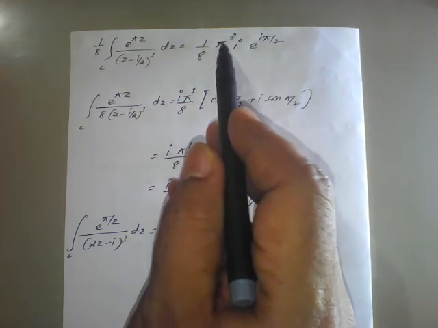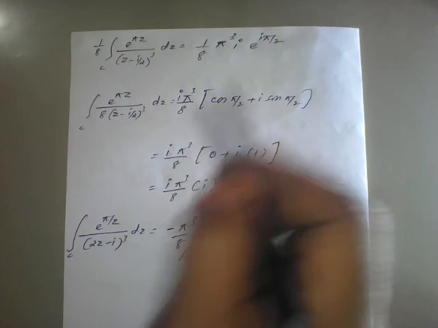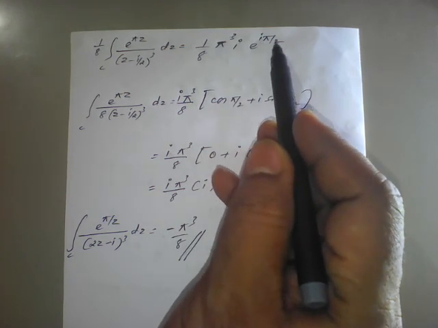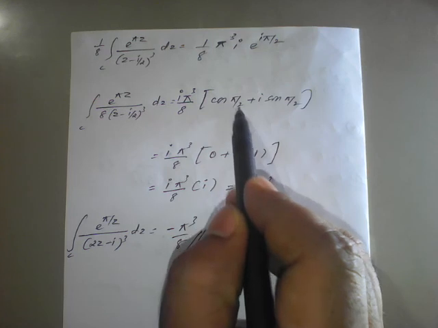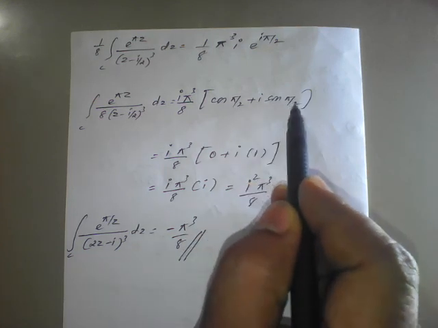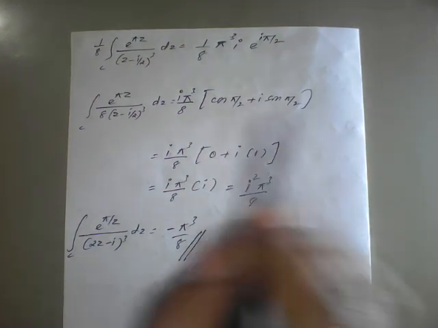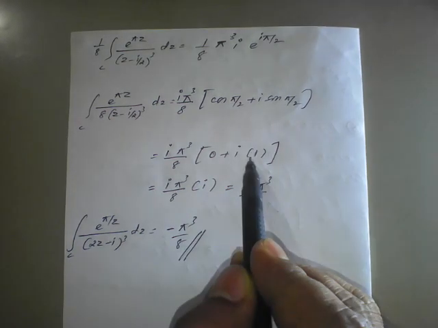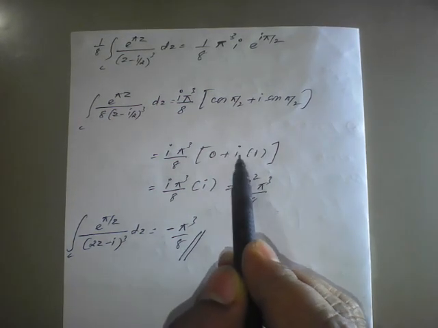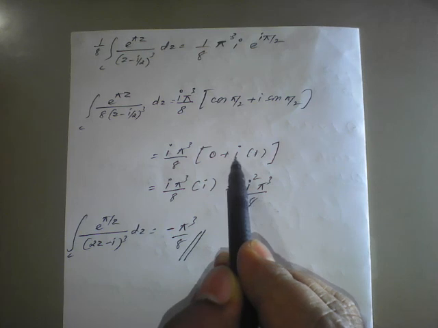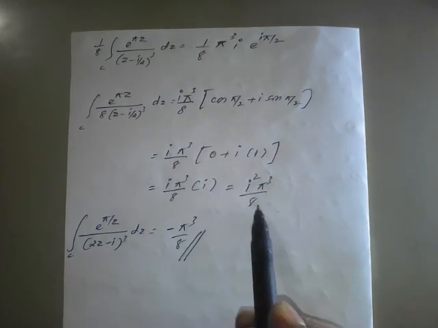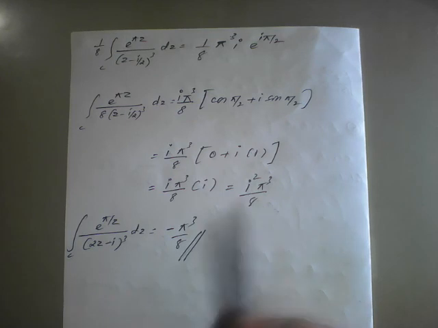Club it: pi cube upon 8, and e raised to i times pi by 2 can be written as cos pi by 2 plus i times sin pi by 2 using the complex result. But cos pi by 2 is 0 and sin pi by 2 is 1, so 0 plus i becomes i, and this i and this i become i square. So pi cube by 8, but i square is nothing but a minus sign.